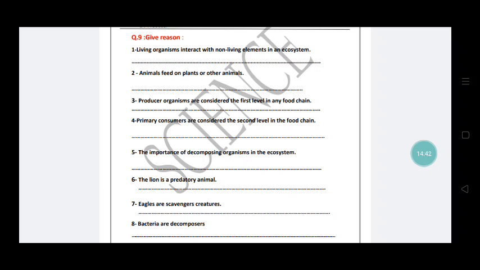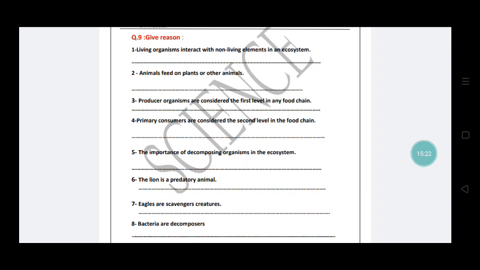Because energy moves from plants to animals through an ecosystem and between animals when they eat each other, and when living organisms die, the energy is returned to the soil.